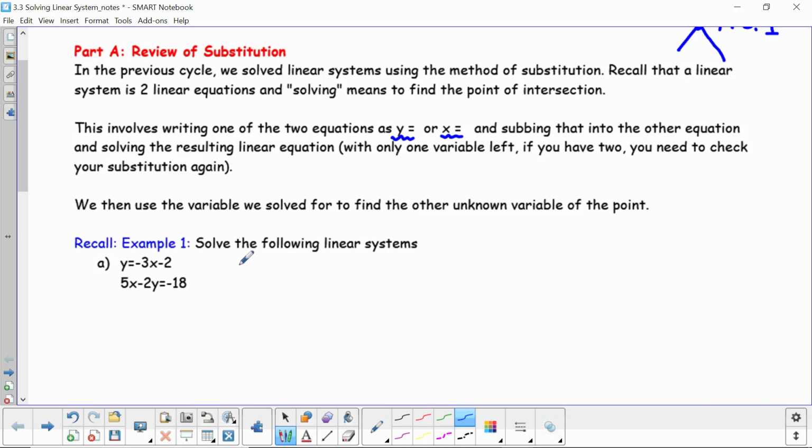We said that we need to write one of the equations as y equals or x equals, and for equation 1 we have y equals already. Then we are going to substitute the y from equation 1 into the second equation.